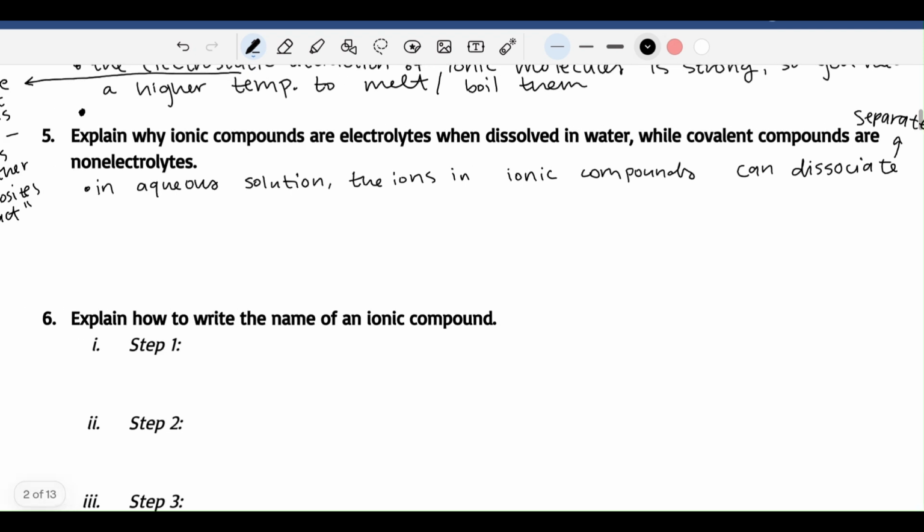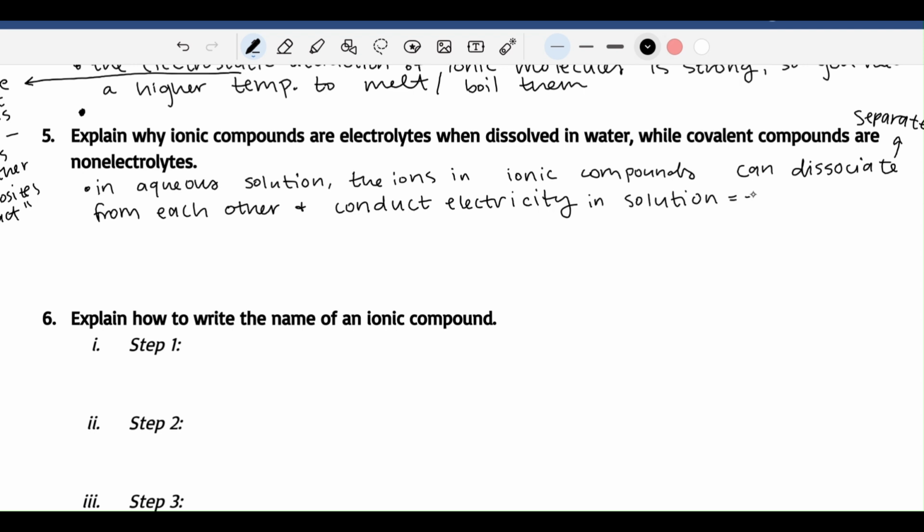Which can dissociate from each other, become their own thing, and now they can conduct electricity because there's a positive and negative side, just like in that battery. In solution, yeah. Again, we're in a water mixed with this compound that just broke up, so now it's a solution. So that makes them electrolytes. So basically, electrolytes just means it conducts electricity in solution. And then again, leave a bullet point for when we come back to talk about covalent compounds.